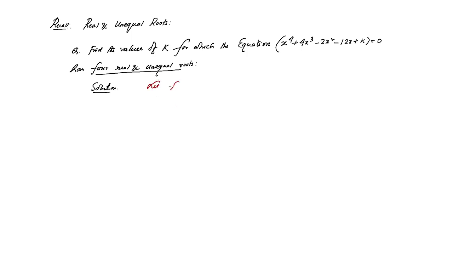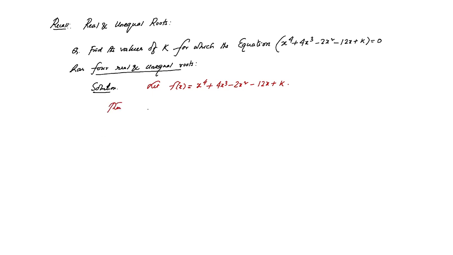Let's consider the polynomial as a function f(x): x to the power 4 plus 4x cube minus 2x square minus 12x plus k. This is our f(x). Now we need to determine the values of k for which the equation f(x) equals 0 has 4 real and unequal roots.